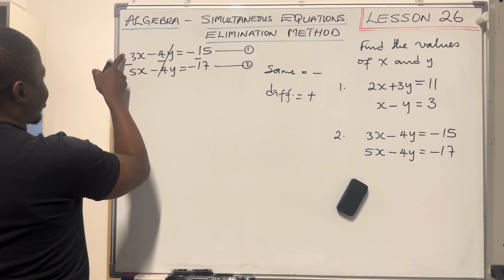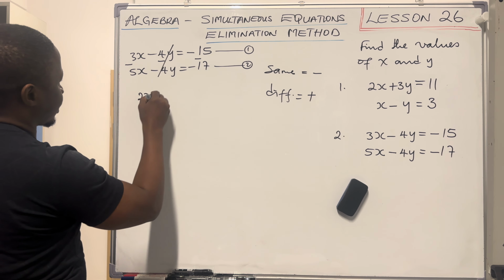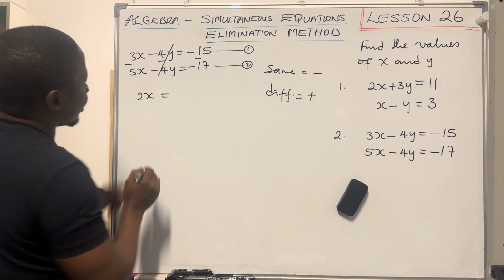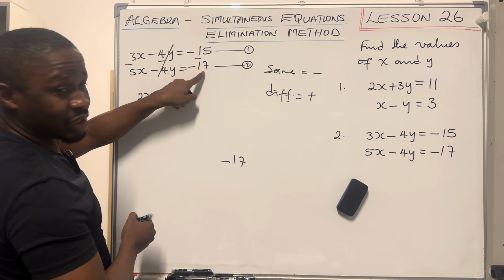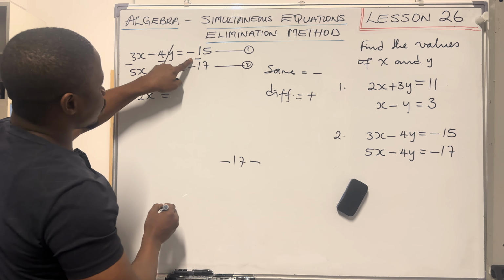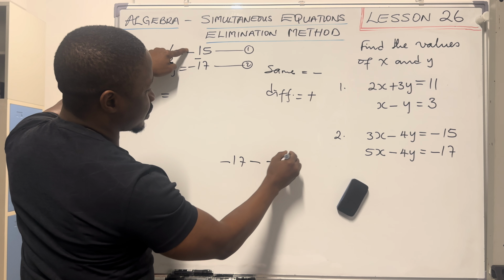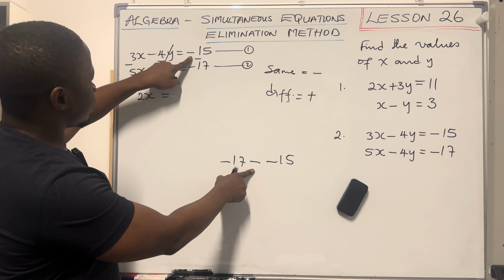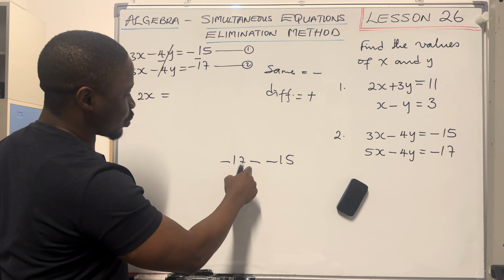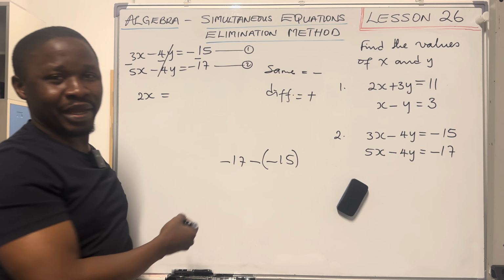Now 5x minus 3x is 2x equal to, okay, minus 17 minus 15. See, minus 17 minus 15. So these two signs, we separate them with a bracket.